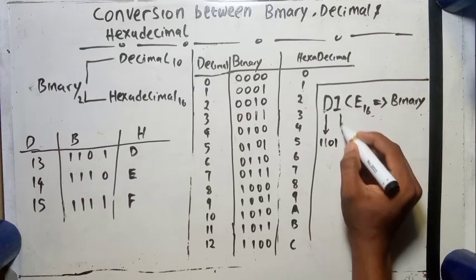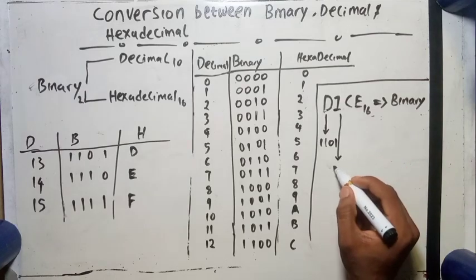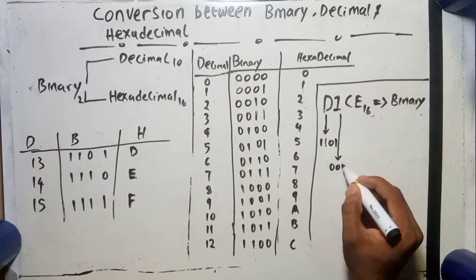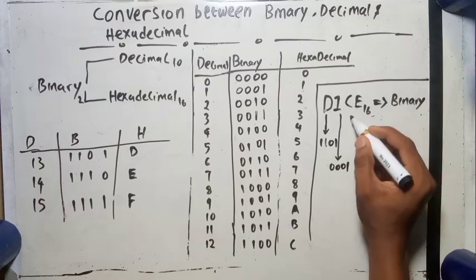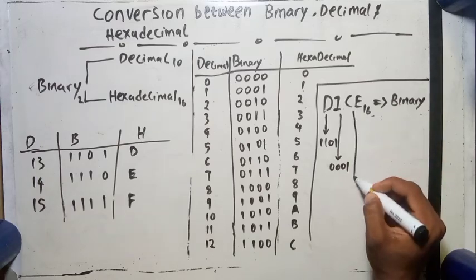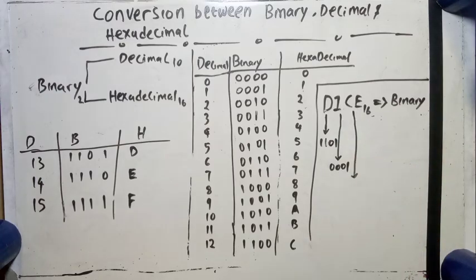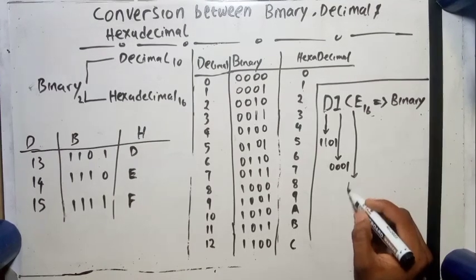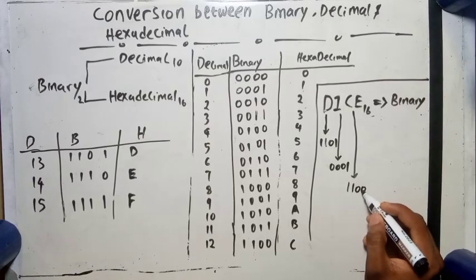Our 1, on the other hand, is 0, 0, 0, 1. Our C, on the other hand, is 1, 1, 0, 0.